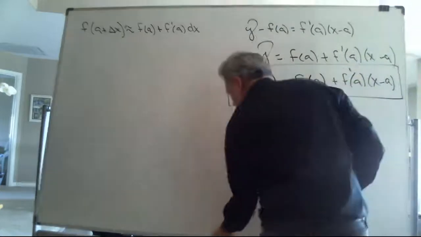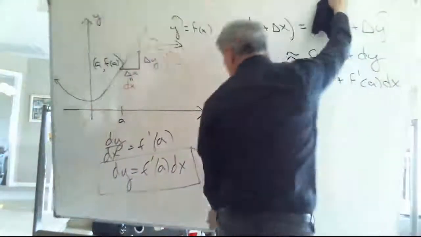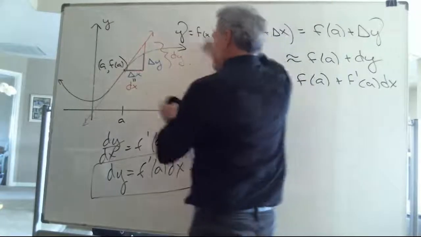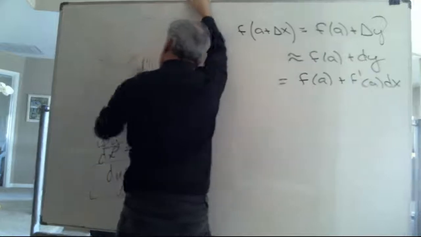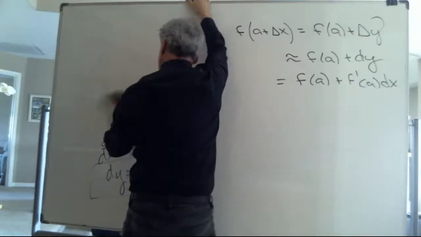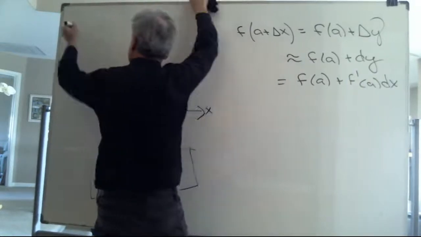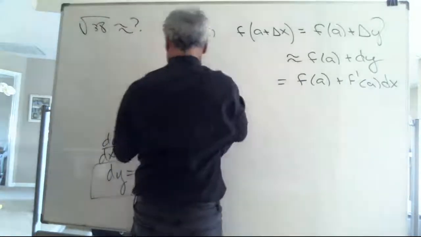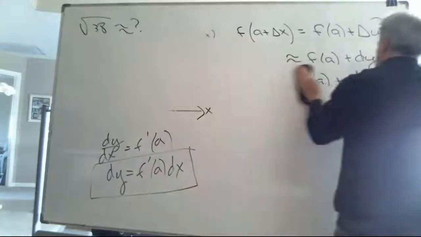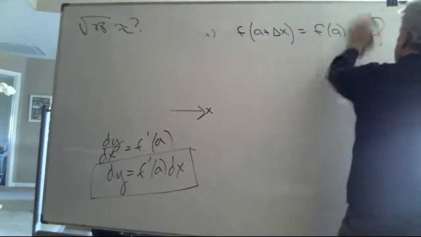For example, oh, whoops, silly me. For example, let's see if you and I can't use a local linearization to answer my last question. I'm sorry for wasting a bit of time erasing. I should have done this beforehand.